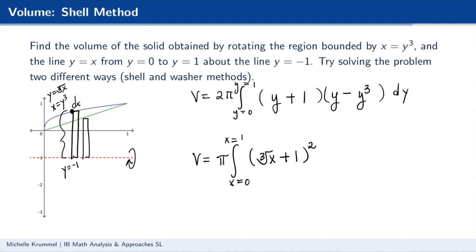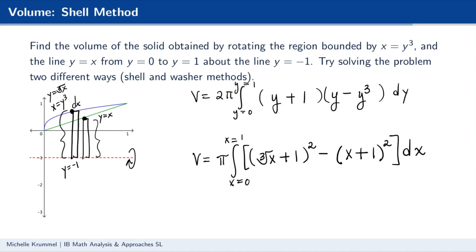With washer method, we square. We're doing radius squared. Big radius squared minus, now we need to do the same with little radius squared over here. So the top y is y equals x, and the bottom y is y equals -1. So that radius, x minus -1, we square that little radius. And then all of that gets multiplied by dx.